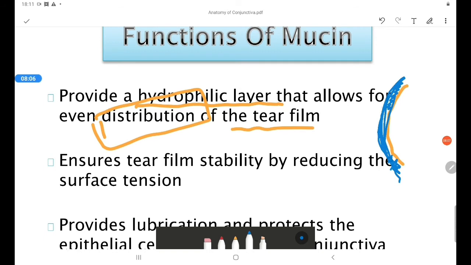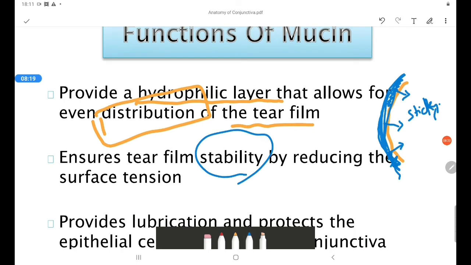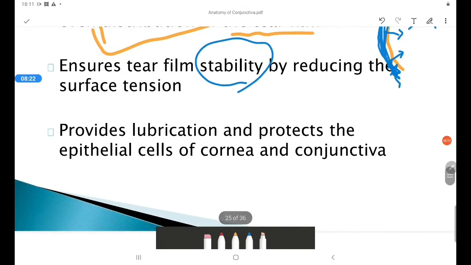Another main role is that it ensures the tear film sticks well onto the ocular surface. So it has a sticking role, or stability. It ensures the stability of the tear film. And since it helps the aqueous layer to stick on, it ensures lubrication and thereby protects the cells of the cornea and conjunctiva.